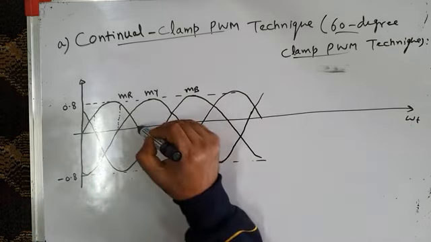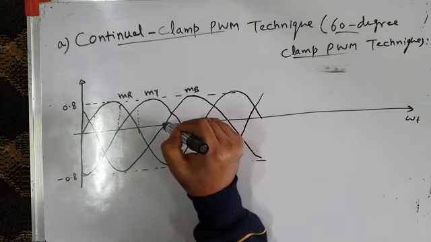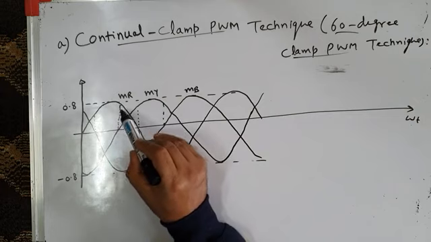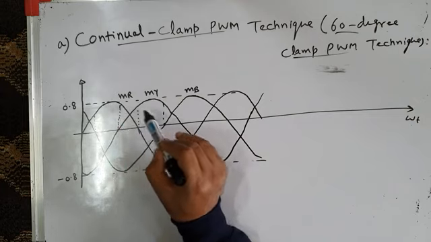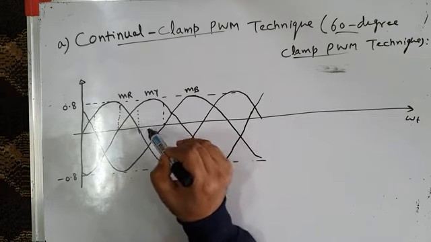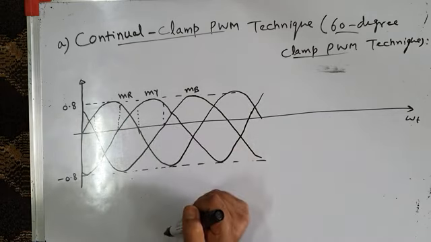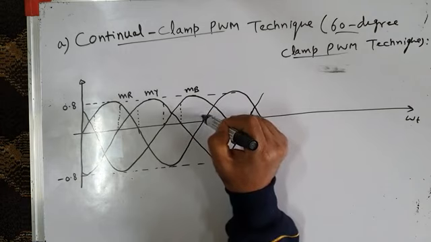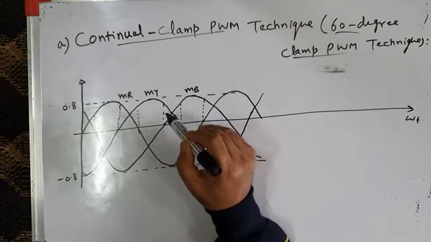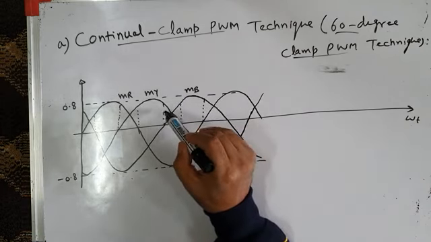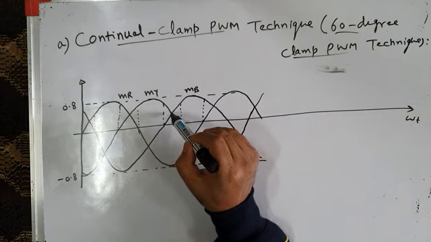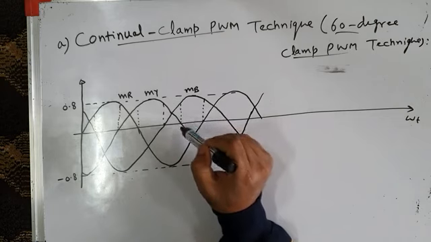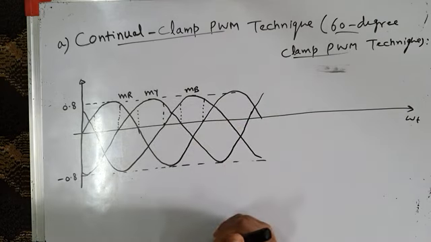Similarly, MY is having maximum positive value from this instant to this instant. That means, see, this is 120, 150, that is 180 degrees, to 180 plus 60, this is 240 degrees. And modulating wave MB is having maximum positive value from 240 plus 60, 300, to 360 degrees.